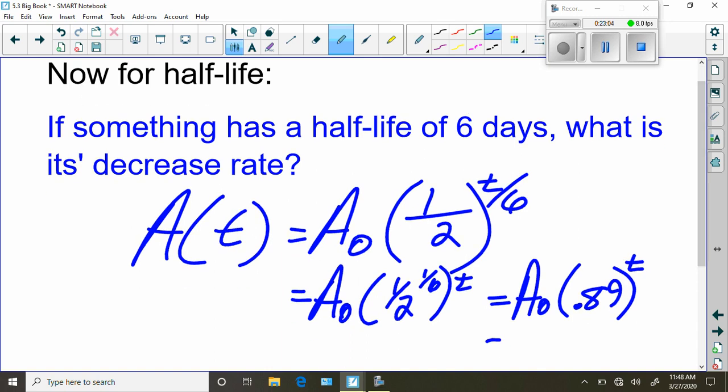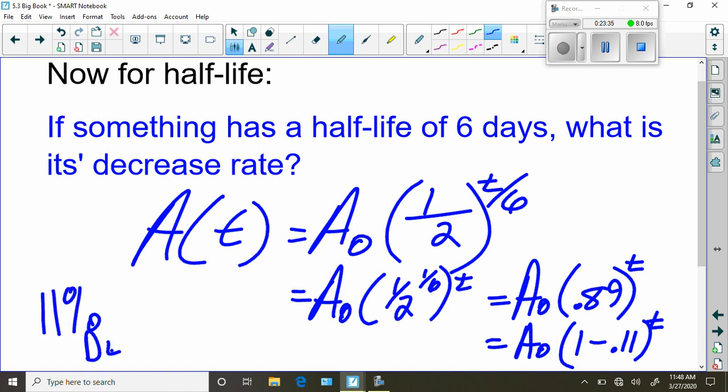That would be a decrease of 11%. Because what is 1 minus 0.11? Oh, it's 0.89. Oh, okay, so all I did to get that 11% was just do 1 minus 0.89, and I got 0.11. So the decrease rate is 11% decrease rate. I told you it was easy once you saw it. There you are, and there you have it.